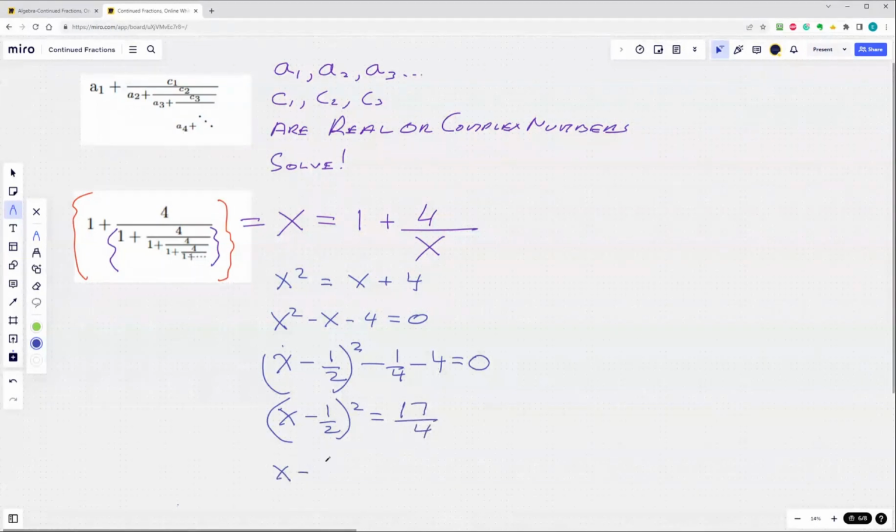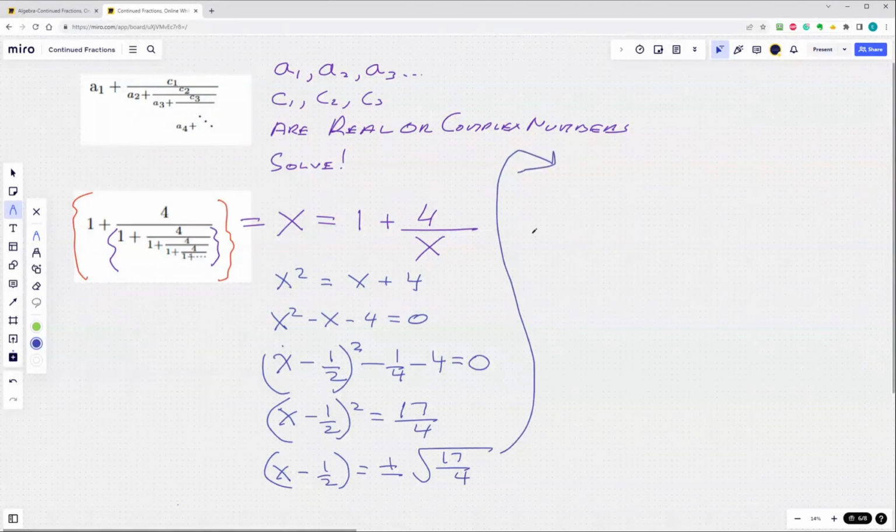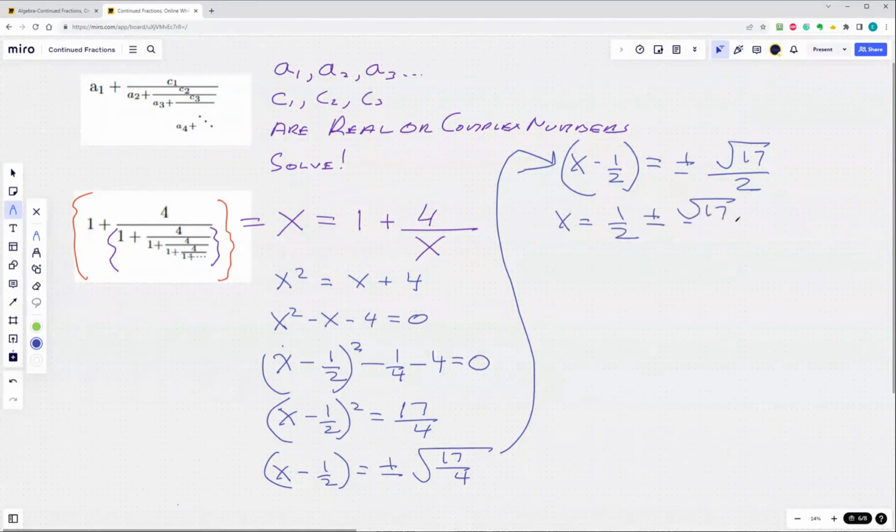Then x minus a half is equal to plus or minus the square root of 17 over 2, and x is equal to 1/2 plus or minus root 17 over 2.